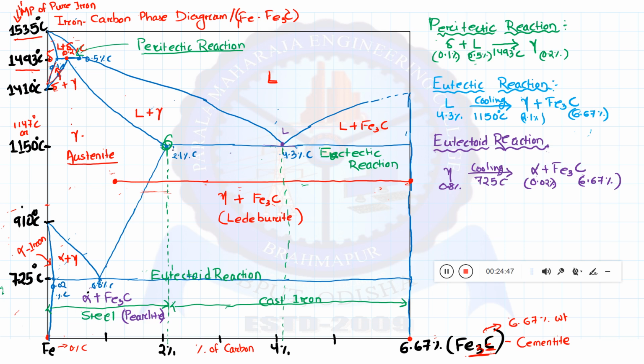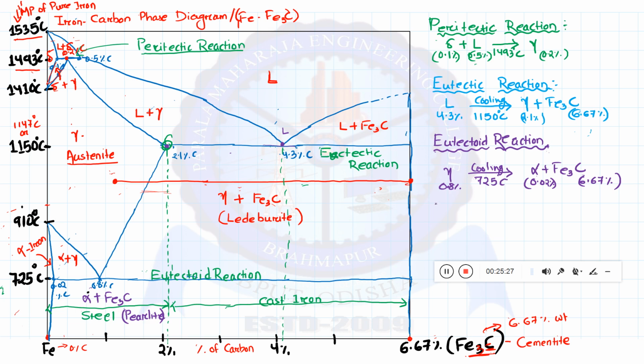That means for cast iron the melting point is 1150 degrees Celsius or 1147 degrees Celsius, which is very much less than the pure iron melting point, 1535 degrees Celsius. At 4.3 carbon percentage, the alloy has the lowest melting point, 1150 degrees Celsius. And we know from manufacturing technology that a material with a lower melting point is best for the casting process. That means cast iron can be easily manufactured by casting.